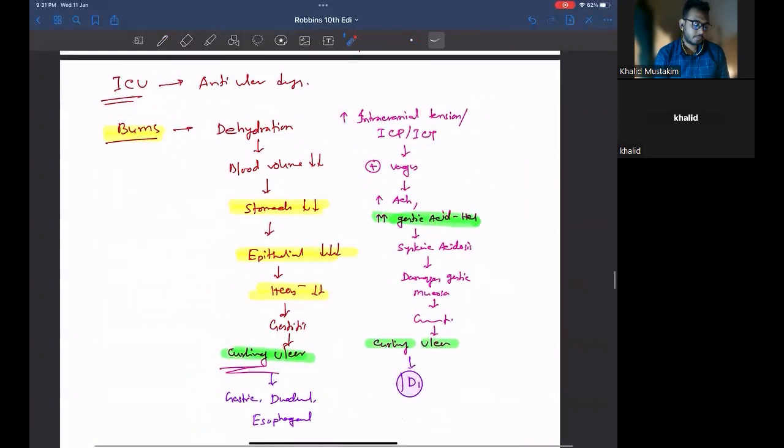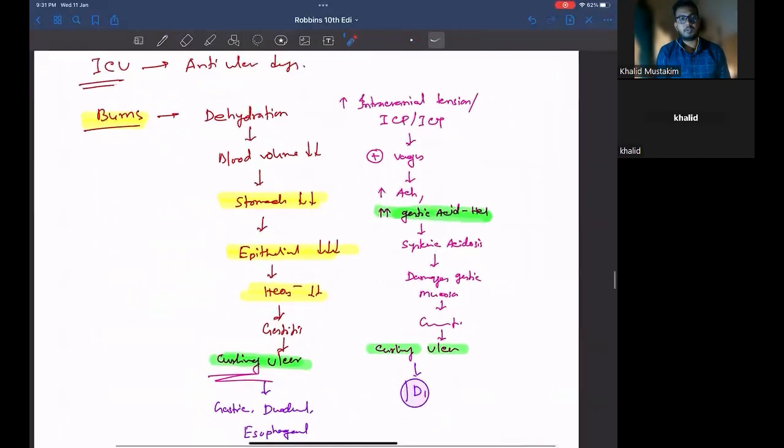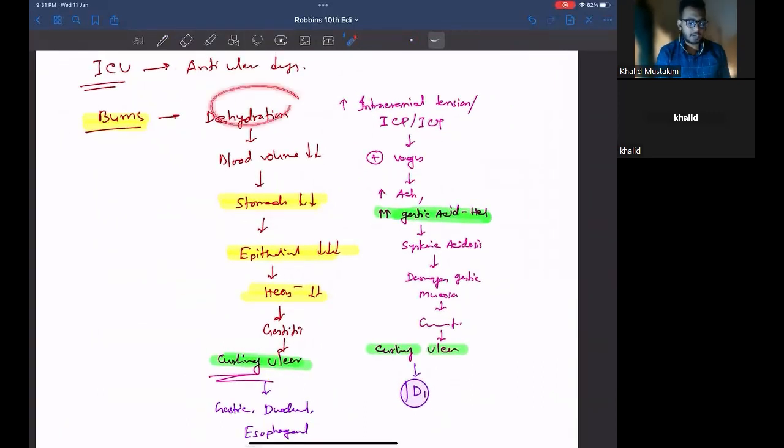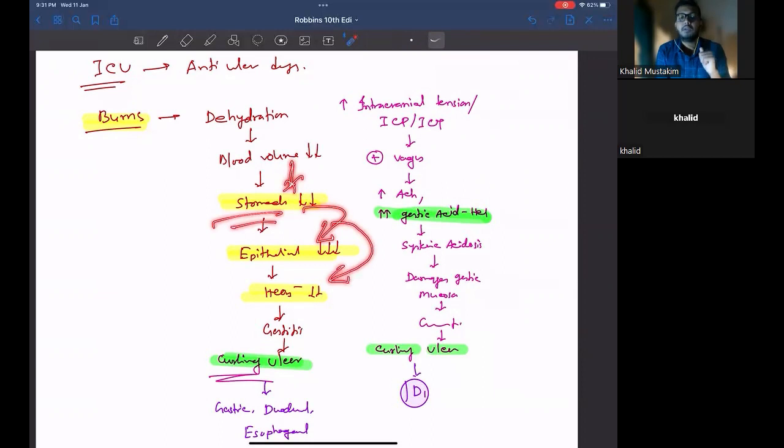Let me recap this again. If a burns patient came to you, he must have some dehydration. Dehydration means his blood volume has already decreased, so the patient is getting the least blood supply in his stomach. That means the epithelial regenerative capacity will automatically decrease, and then automatically the bicarbonate ion will decrease.